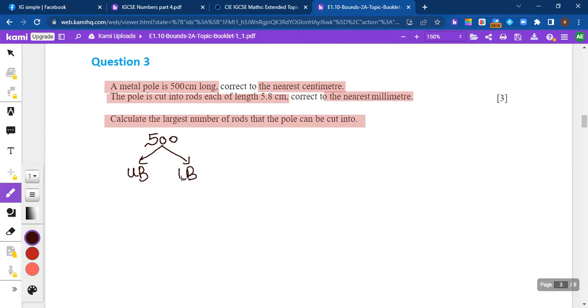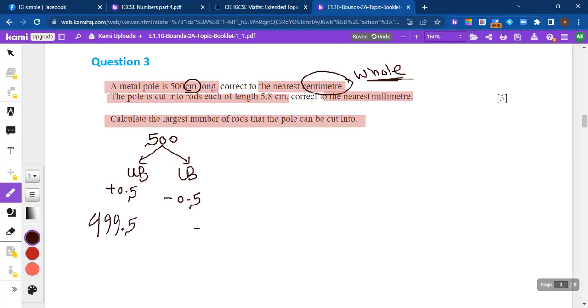You add 0.5 and you subtract 0.5 because it is to the nearest centimeter and here it is centimeter, so to the nearest whole number. It will be 499.5 and here 500.5.